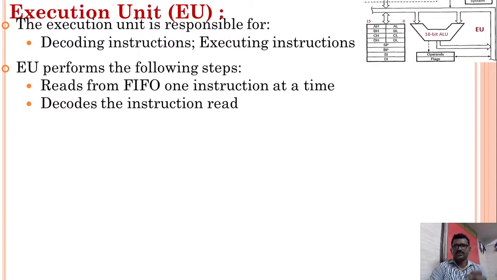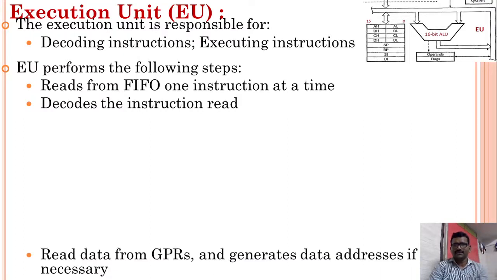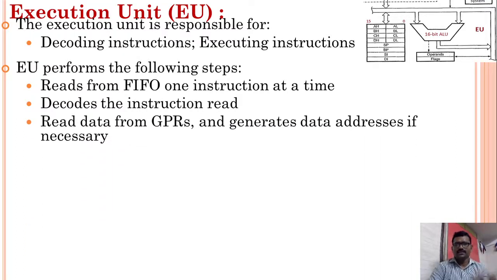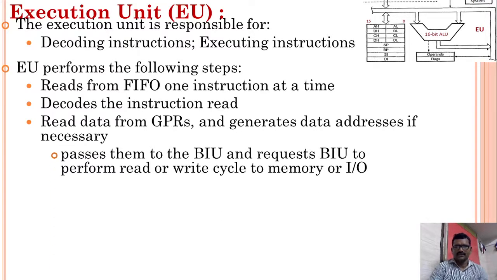After decoding, the 8086 knows what the operation is, where the operands are, and where it has to store the results. After decoding, the execution unit will read the data from general purpose registers, and if the data is in memory, it generates the addresses if necessary.